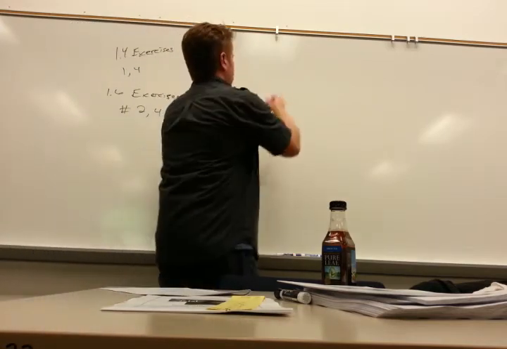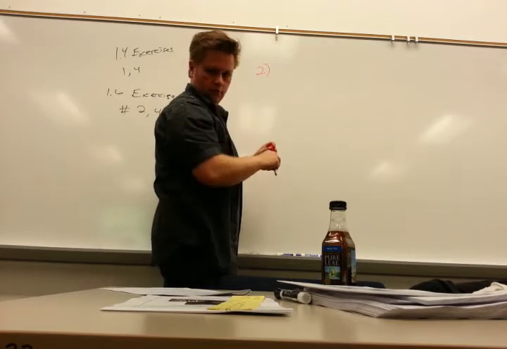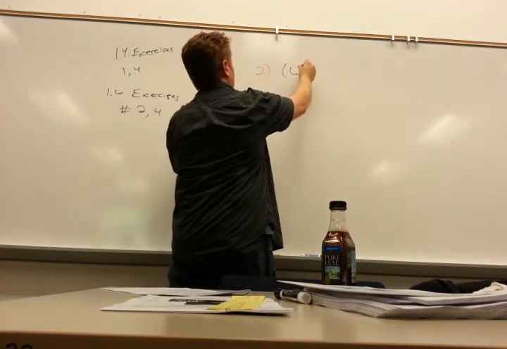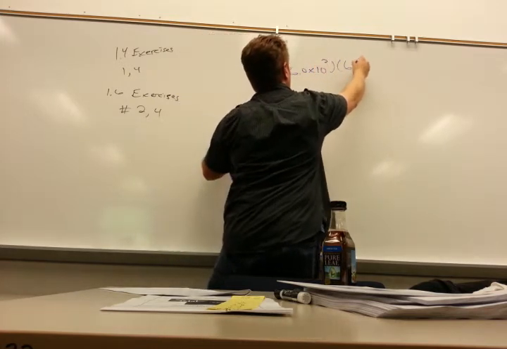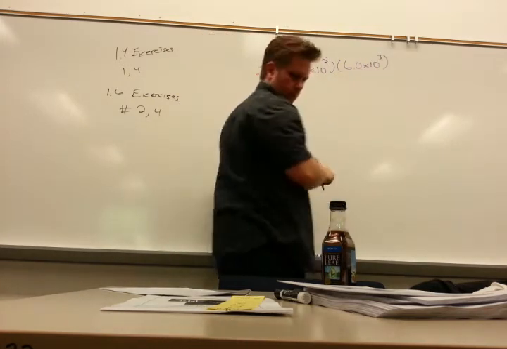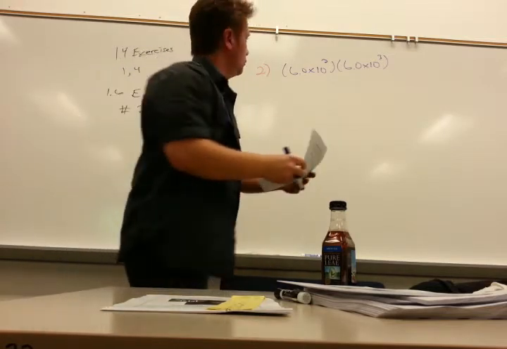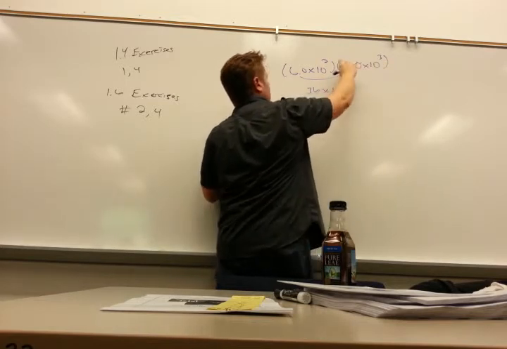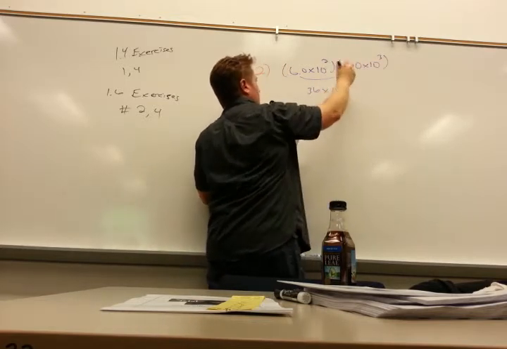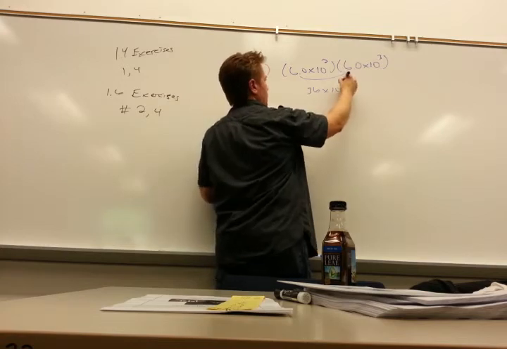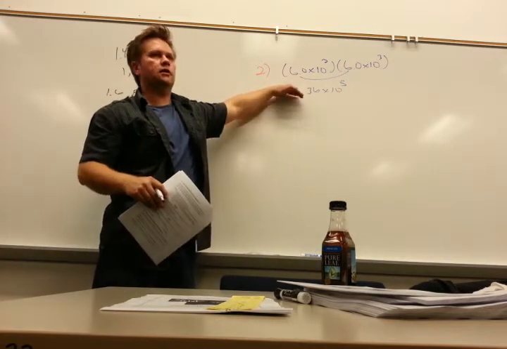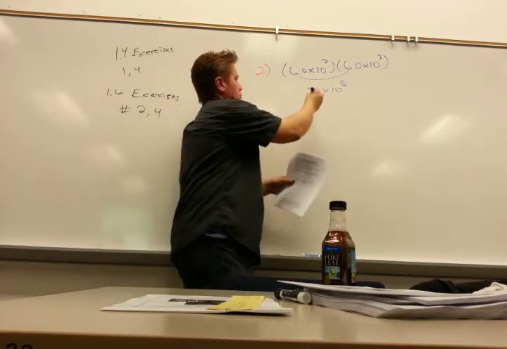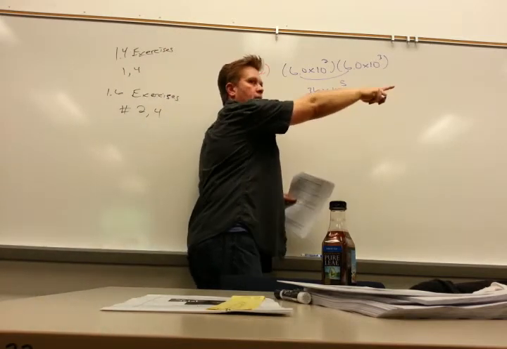So on 1.6, real quick, number 2. When you do this first step, you get 36 times 10 to the 5th. And of course, how do you adjust that? Because the answer is not quite in scientific notation, the decimal's in the wrong place. One way to do it is to realize he wants it to move that way, make it big.